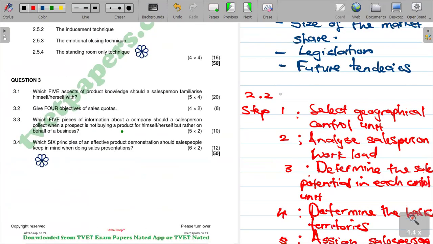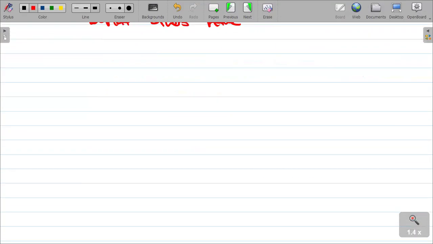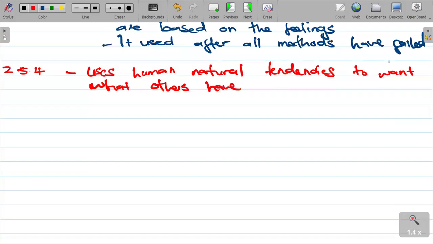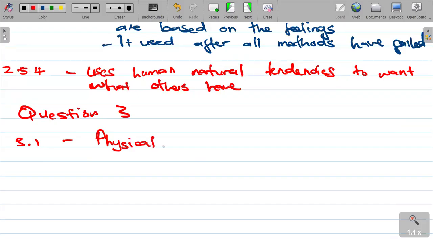I'm going to just list the aspects and then I will explain. Right. So the salesperson should familiarize himself or herself with the physical characteristics of the product.